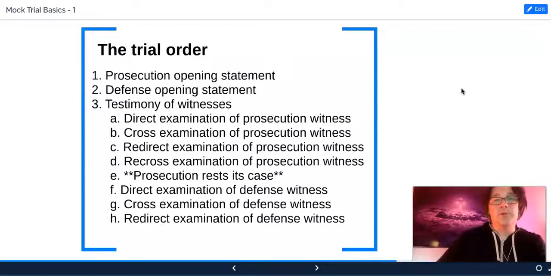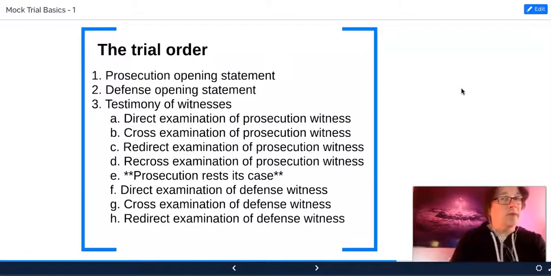Now it's time for the defense to present its case, and it will start with calling its first witness and doing a direct examination of their first witness. That'll be followed by the prosecution cross-examining that first witness.